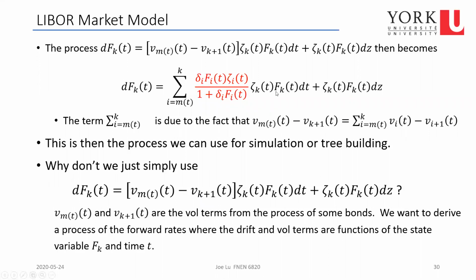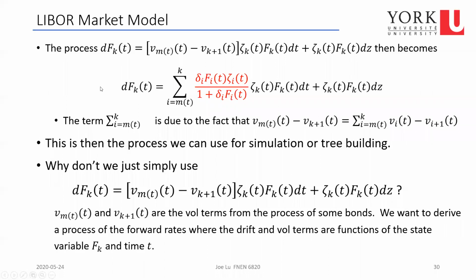But if you use this, as long as you specify the function for the volatility here, which I can make a parameter or a function of time, that's all you need to simulate. By design, this process is consistent. So the consistency is guaranteed.